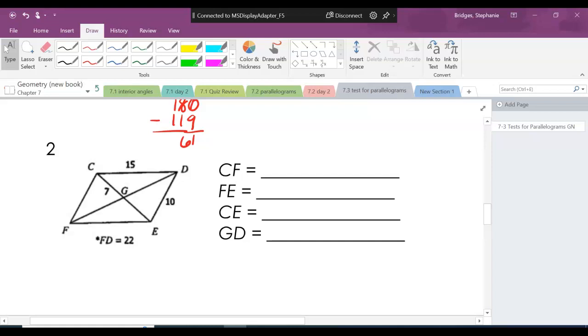You also have some information below your picture that you're going to use. Okay, so the whole thing is 22. Can you figure out what each piece is? So this would be 10. So they're cut in half, right?